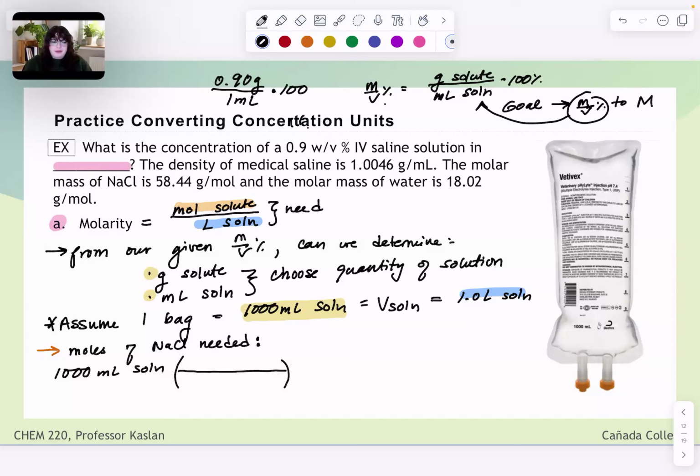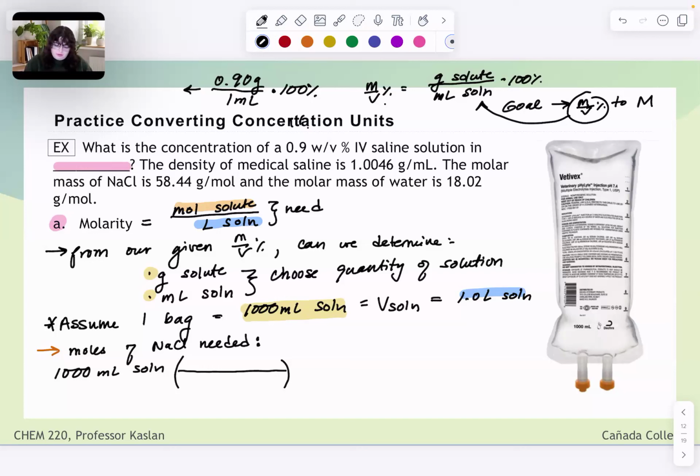So then let's see how I can maybe use that to my advantage. All right, what do I want to cancel here? I want to cancel my milliliters. And I am also thinking that this 100% sticking around is not so useful to us, so let's express this as a fraction.